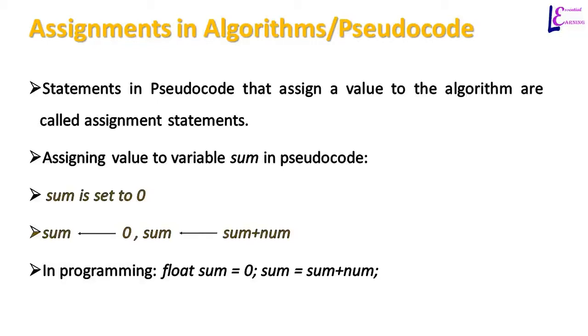In programming languages, assignment statements contain the variable on the left side to which the value is assigned, then comes the equal sign, and then the value you want to assign. For example, in the first statement, sum is declared and assigned value 0. In the second statement, num is added to the value of sum and the result is assigned back to the variable sum.